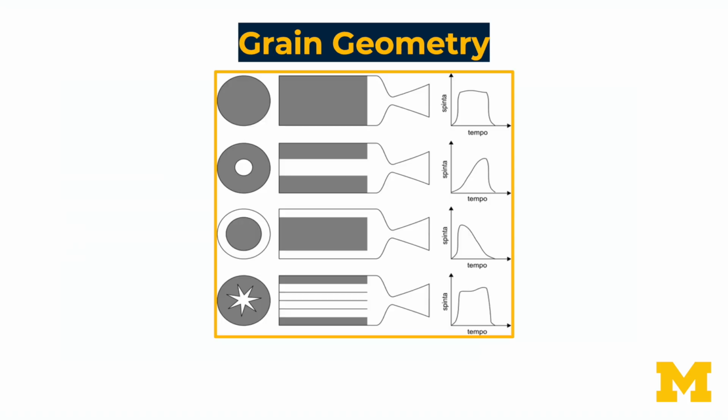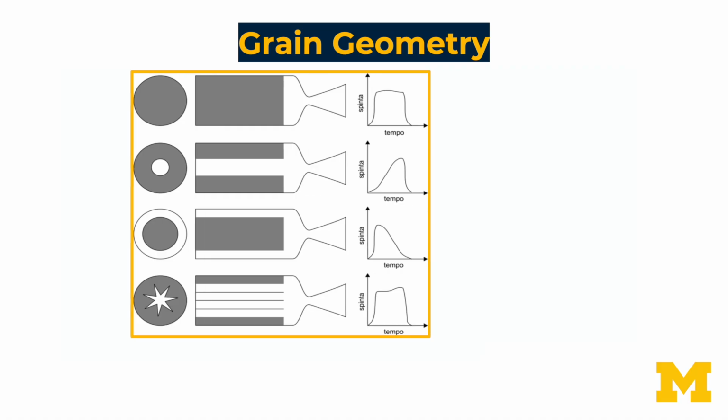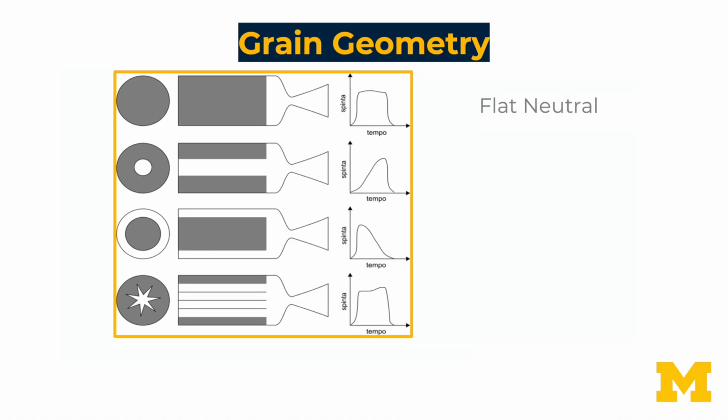There are lots and lots of different grain geometries, and you can really tune your engines. We talked about this flat or neutral burn where the grain is just packed in there solid, and you basically have this flat plate that's just moving up. That is a neutral burn. Then we talked about a progressive burn where the burn area is increasing in size, and a regressive burn where it's shrinking in size.